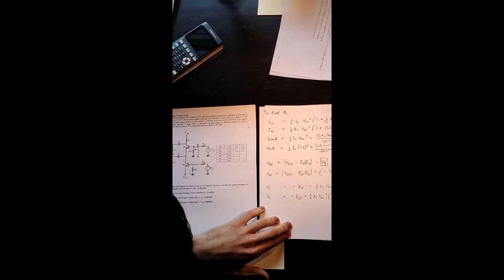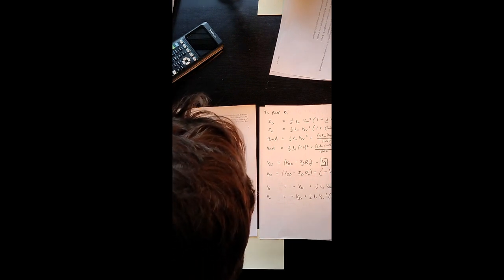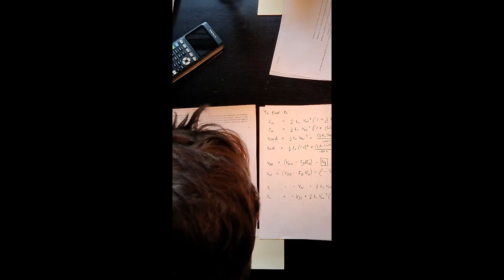I think we might still have four unknowns, right? Wait a minute. So VS we don't know. ID we don't know. And Kn we don't know. So we only have three unknowns. We have three equations and we have three unknowns. So realistically, this is solvable.